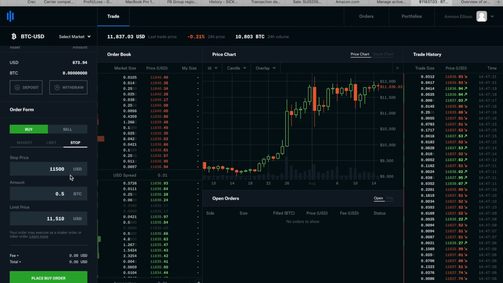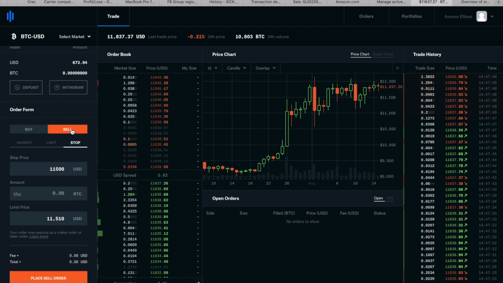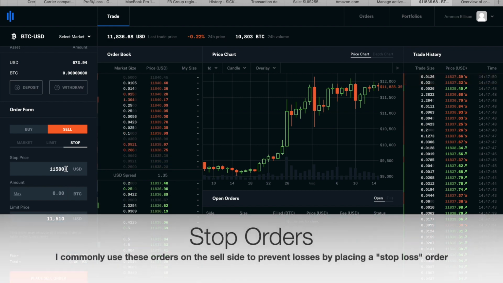I'll say it again. If I place a stop order when the price goes to 11,500, the stop order is triggered for the amount of Bitcoin desired, in this example, half a Bitcoin, and then a limit order is placed at 11,510, and then I'll just place the buy order to place the order on the books. And then on the sell side, it's the same thing. Let's say I wanted to sell some Bitcoin at $12,000.